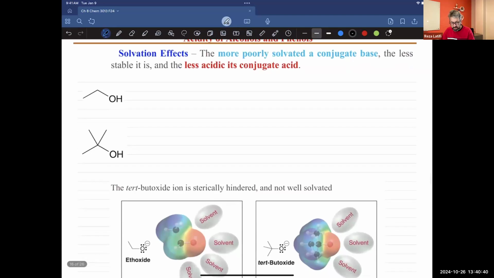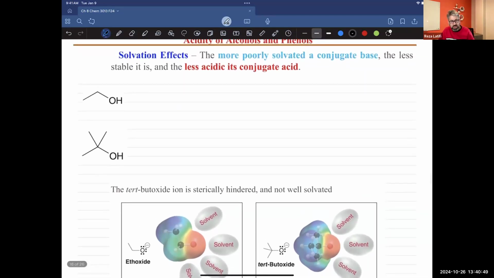And okay, the last one will be solvation. Anything that reduces the stability of the conjugate base will make the acid a weaker acid. Now, when I look at this molecule, it looks like a linear one. I can draw it as a linear molecule.